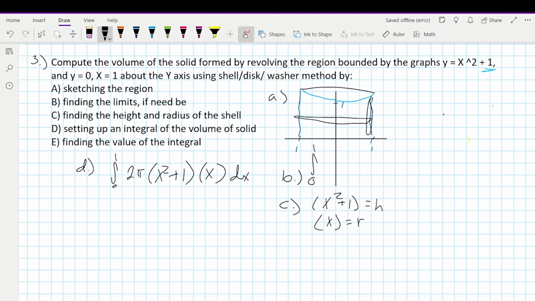So the next thing we're going to want to do, part E, is to find the value of the integral. So to do this, we're just going to first simplify the integral and then solve it. So we know we can move 2 pi out because it's a constant, and then we're left with x squared plus 1 times x dx.